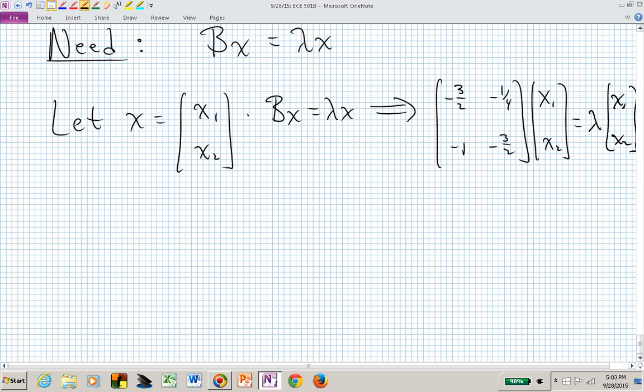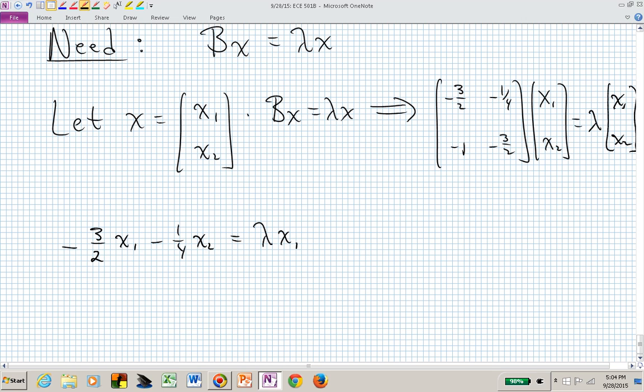Well, this now gives us two coordinates, x1 and x2, in two equations, and we have this other unknown lambda. Can we somehow find a lambda that will satisfy these two equations in the two unknowns x1 and x2? From the first row of this equation, we have minus 3/2 x1 minus 1/4 x sub 2, and that's equal to the right-hand side, which is lambda x sub 1.